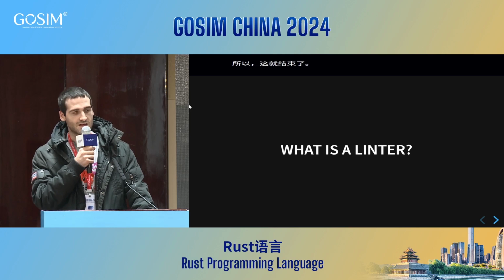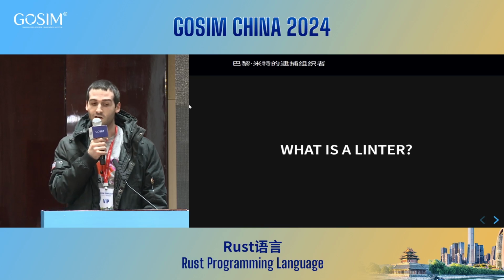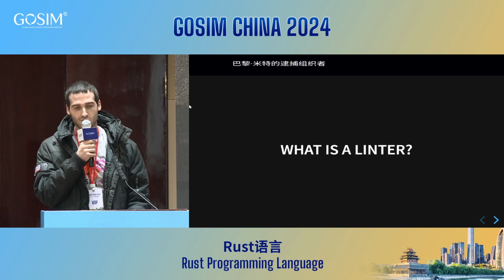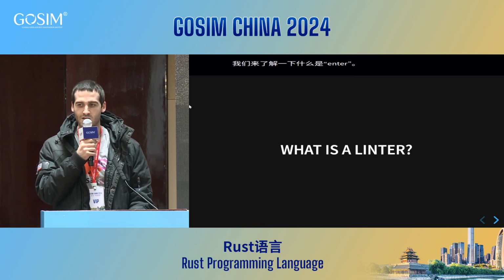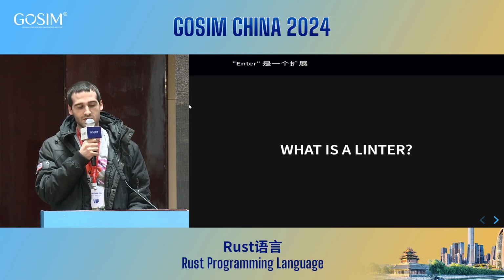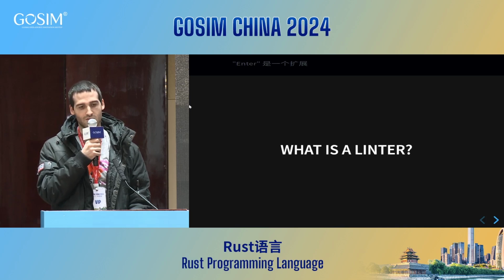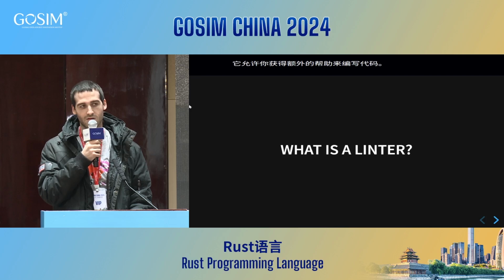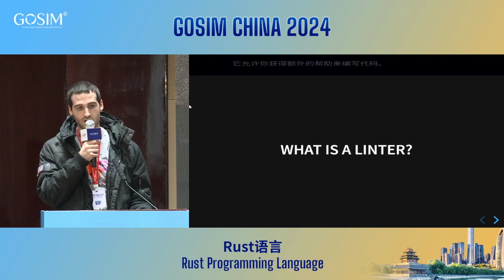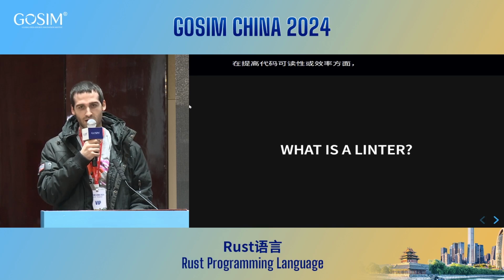So first, let's start with what a linter is. A linter is an extension, in the case of Clippy, of the Rust compiler. It allows you to have some extra help on writing better code in terms of making it easier to read or more efficient, because some lints allow, for example, to detect duplicated or unneeded checks, or even when you are duplicating memory.